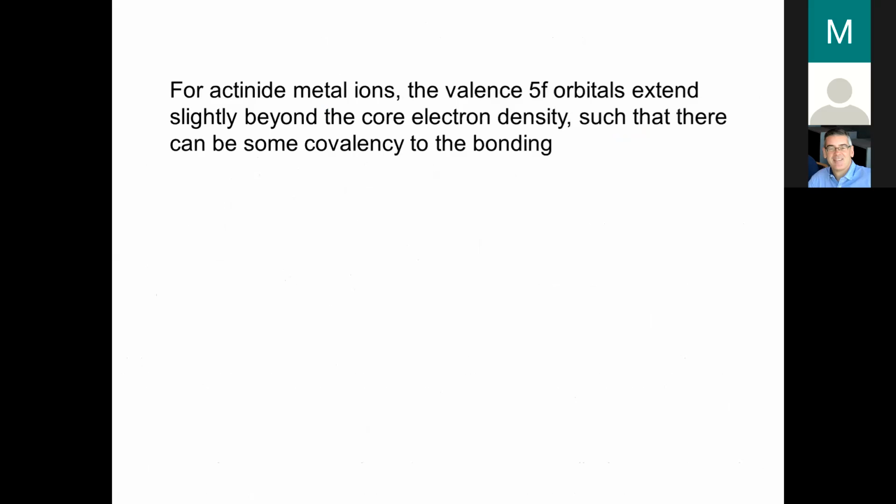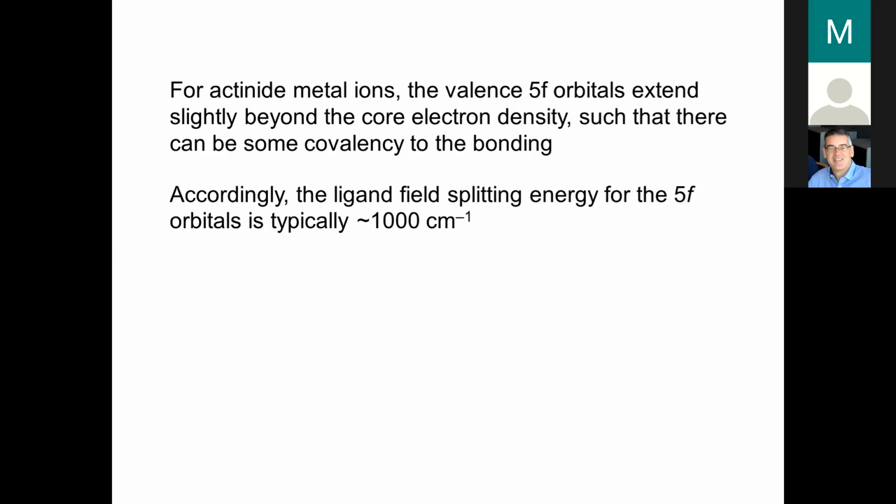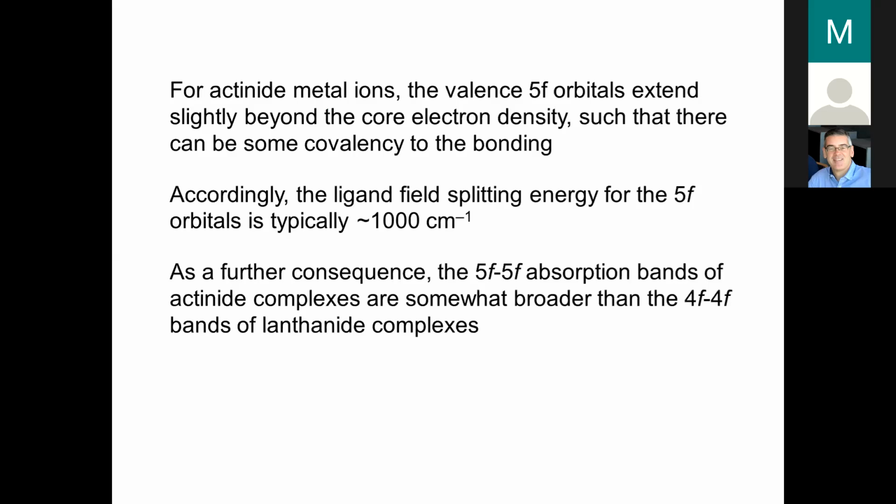To summarize what we've talked about now, the valence 5f orbitals of actinides extend further than for the lanthanides, so we can have more covalent bonding. We just discussed this during the question. As a result, the orbital splitting due to crystal field is much larger than for the lanthanides.